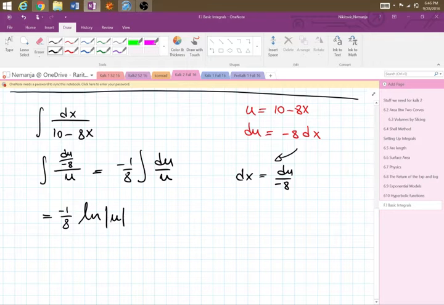So don't forget the absolute values. Hold on, there's a plus c right there. Don't forget the absolute values of ln, and don't forget the plus c. Now we want to go back to the original variable, right?